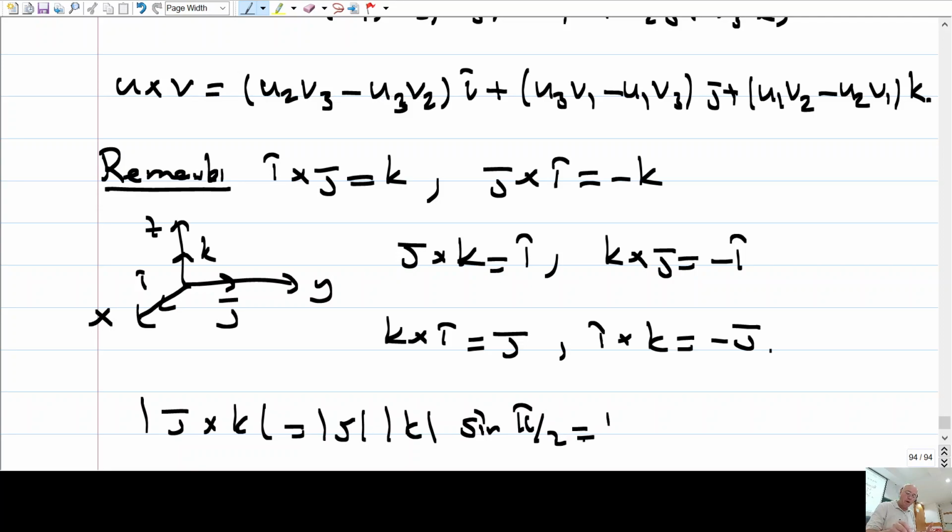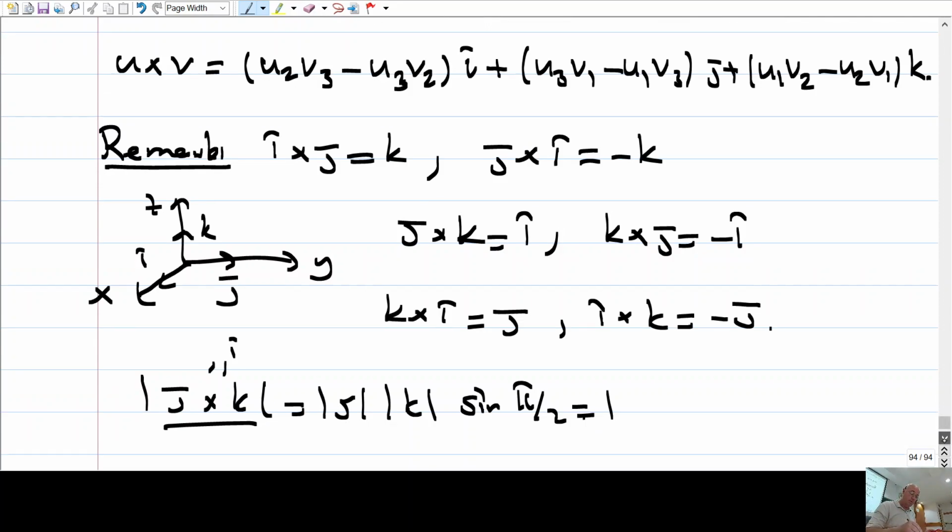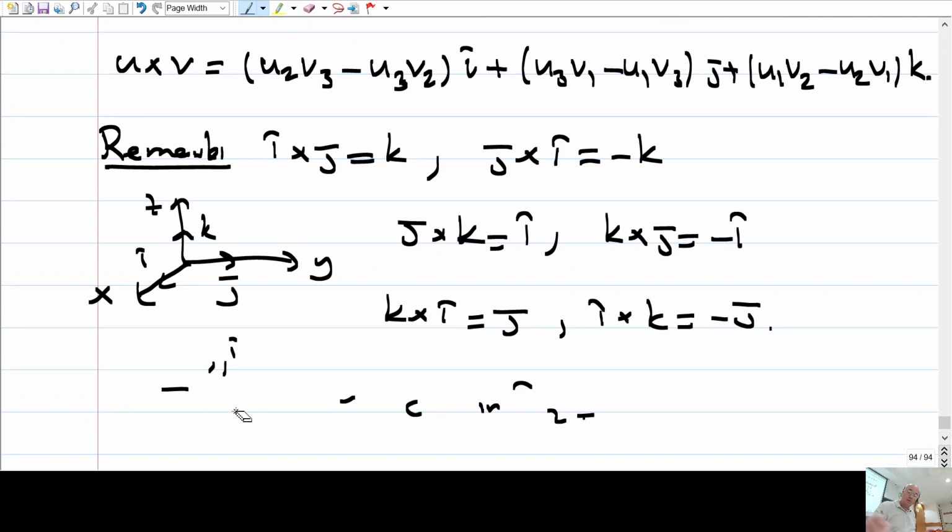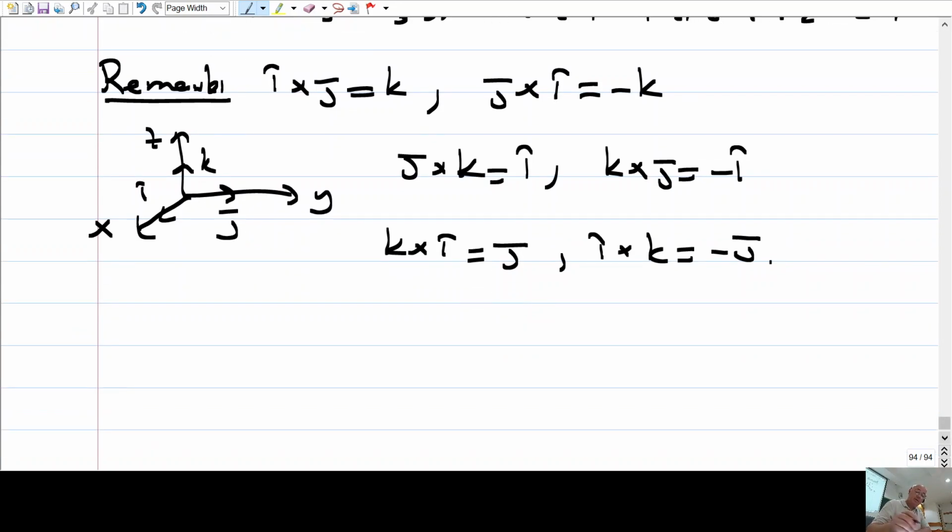So they're all 1. Therefore, this has length 1, and it is in the direction of I. Therefore, this vector should be I. Okay? So for these unit vectors I, j, k, the cross product is determined this way. But here I have, of course, a more general thing.